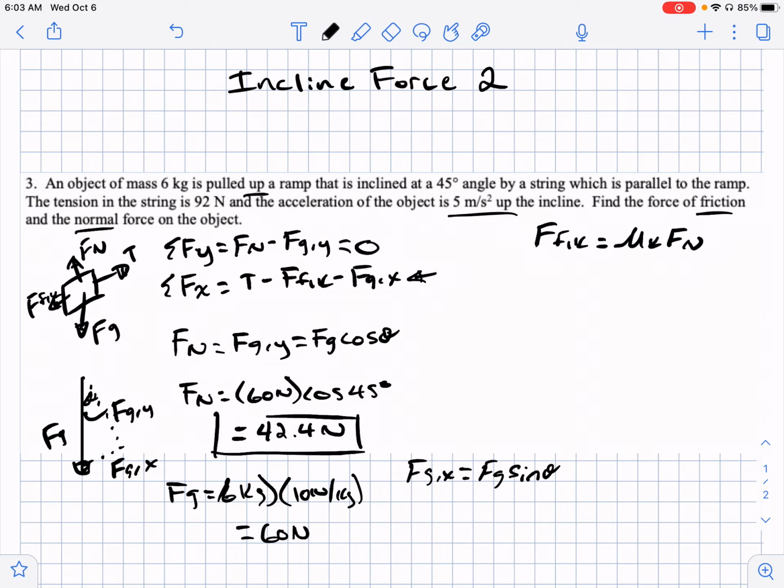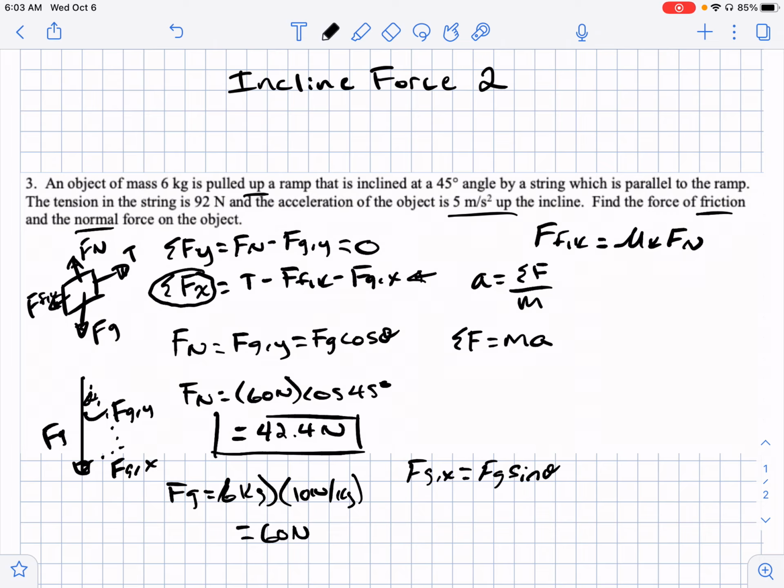Okay, so we know that. Now we know the tension, and we're going to do a substitution for this net force here. So if you remember Newton's second law, it states that the acceleration of an object is equal to the net force divided by the mass. Now, if I rearrange this equation, the net force is equal to mass times acceleration.